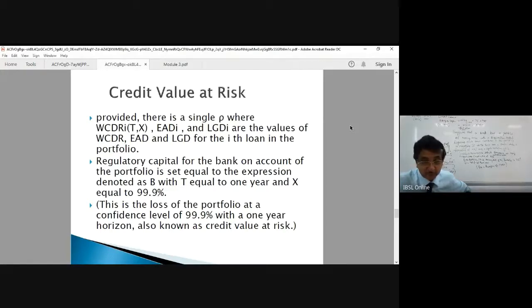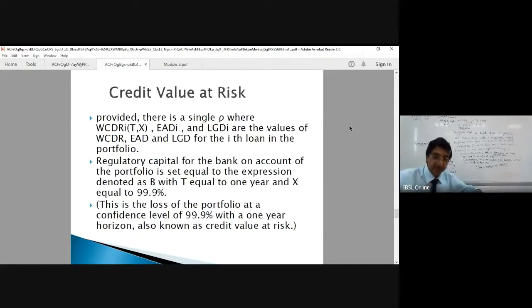So if you want to get the expected loss calculated there, what is the expected loss? 1.5% into 0.75 into 100. That would be the expected loss for the portfolio.